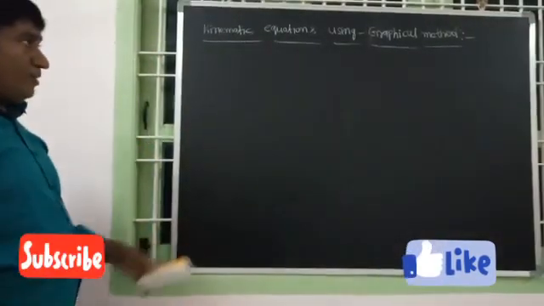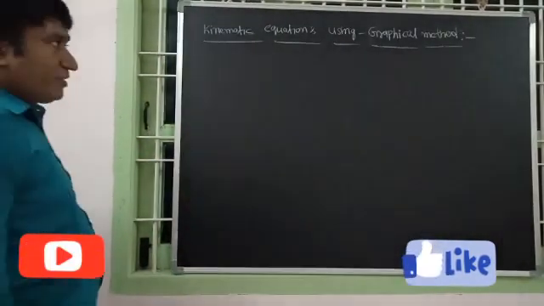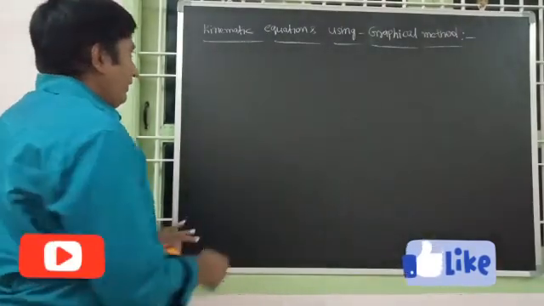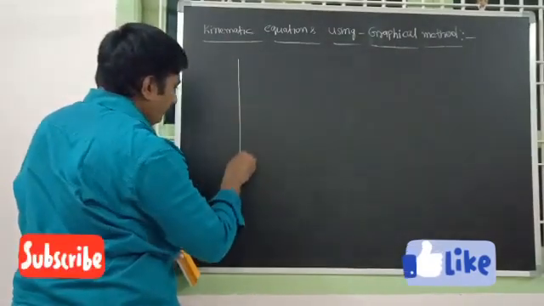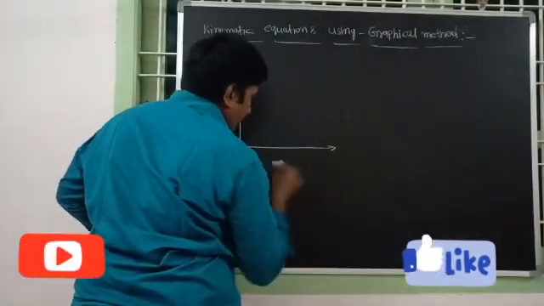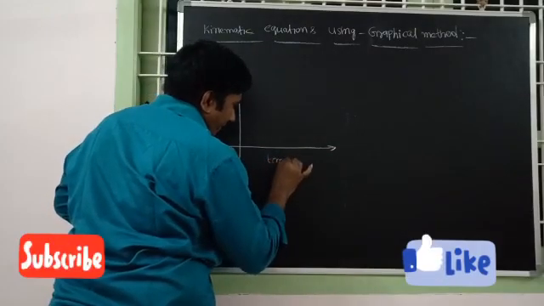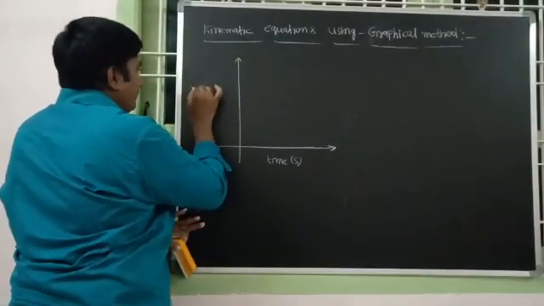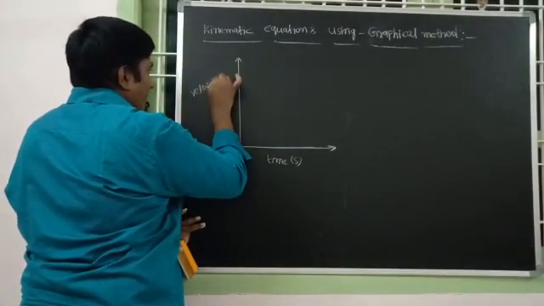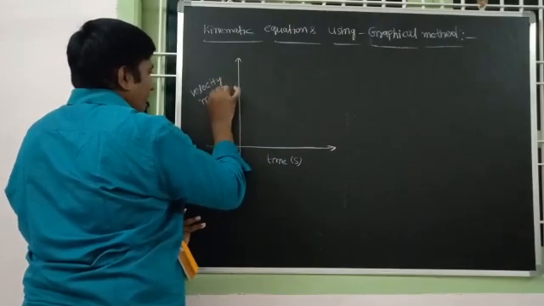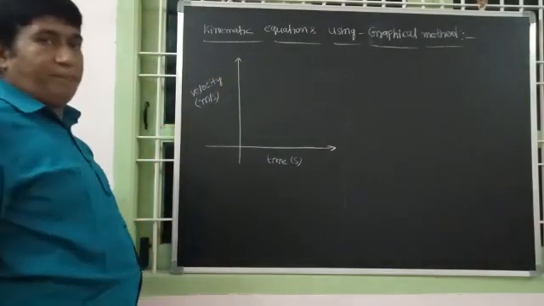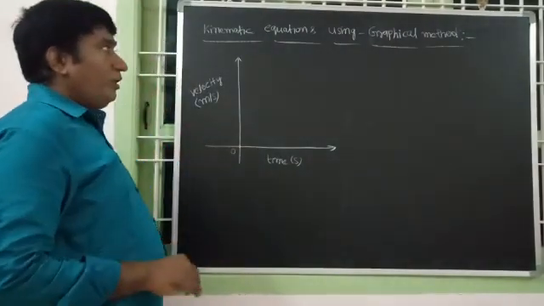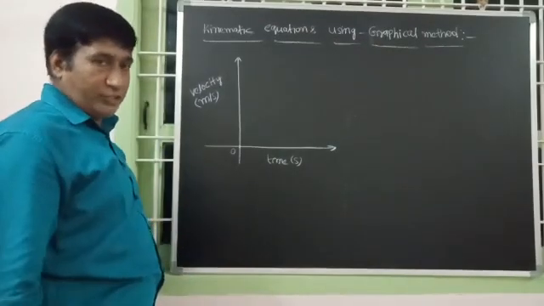This graphical method means we have already discussed graphs between velocity and time and acceleration and time. In this case, I am going to take time on the x-axis, in seconds, and velocity in meters per second. So let us assume this is a body moving with uniform acceleration.